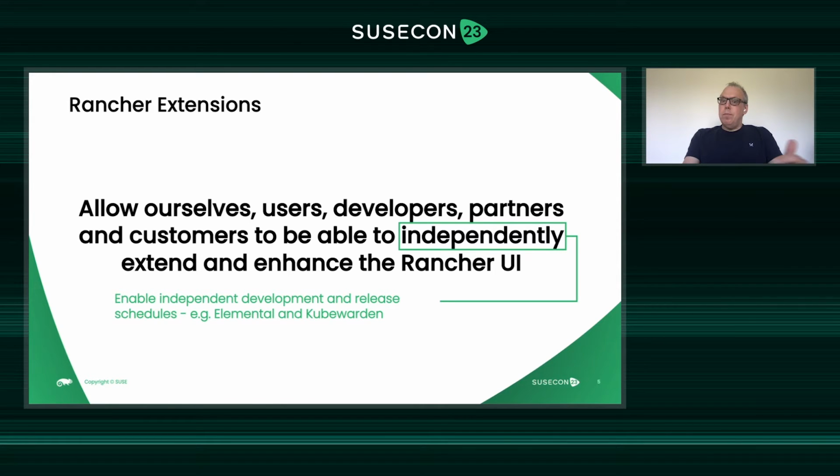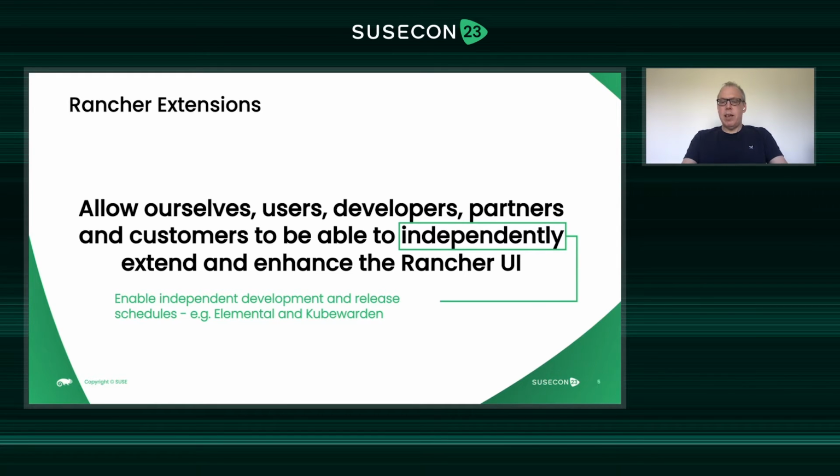So as it says here, that includes separate release schedules. And the point I want to make on this kind of bullet here is we as Rancher have extensions that we're developing and we want to make available and add into the Rancher UI. Elemental and Kubewarden shown here, those are the first two that we've released. The point is we can ourselves develop and release those independently of Rancher.